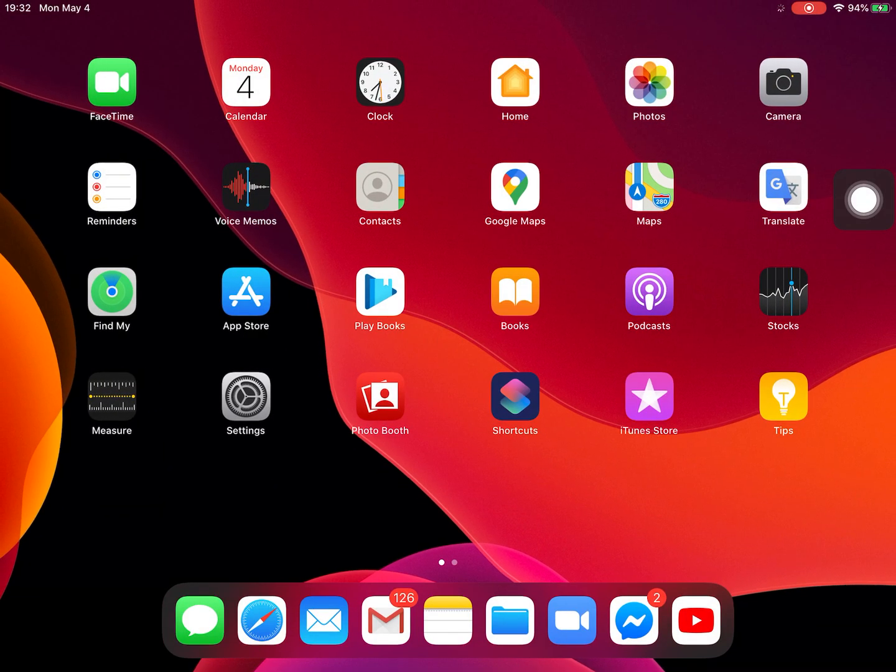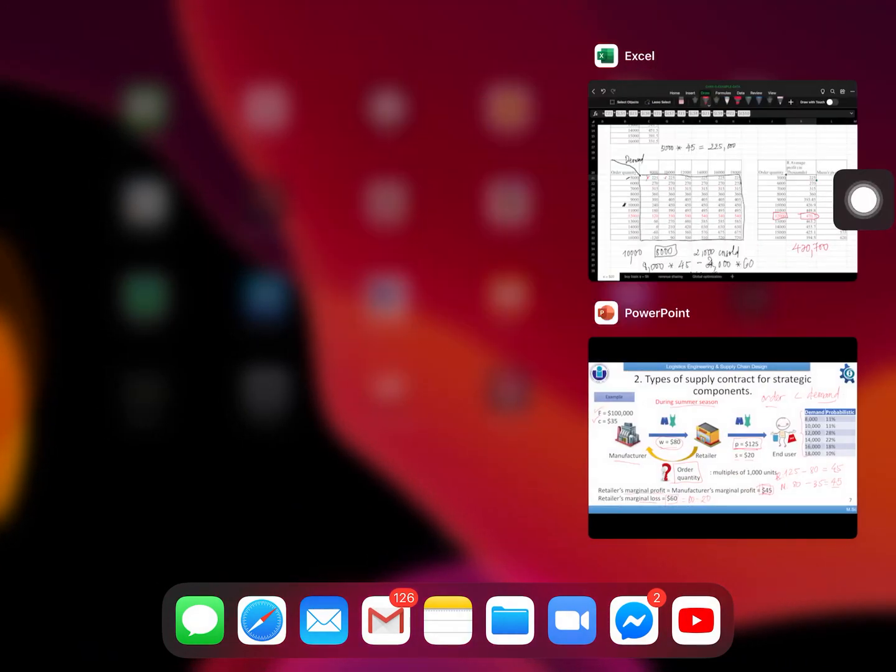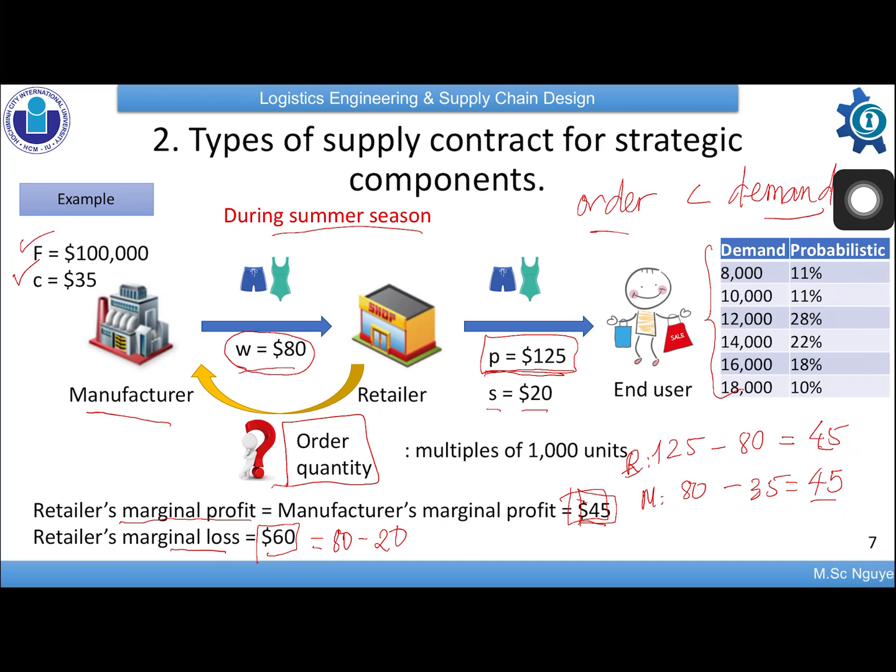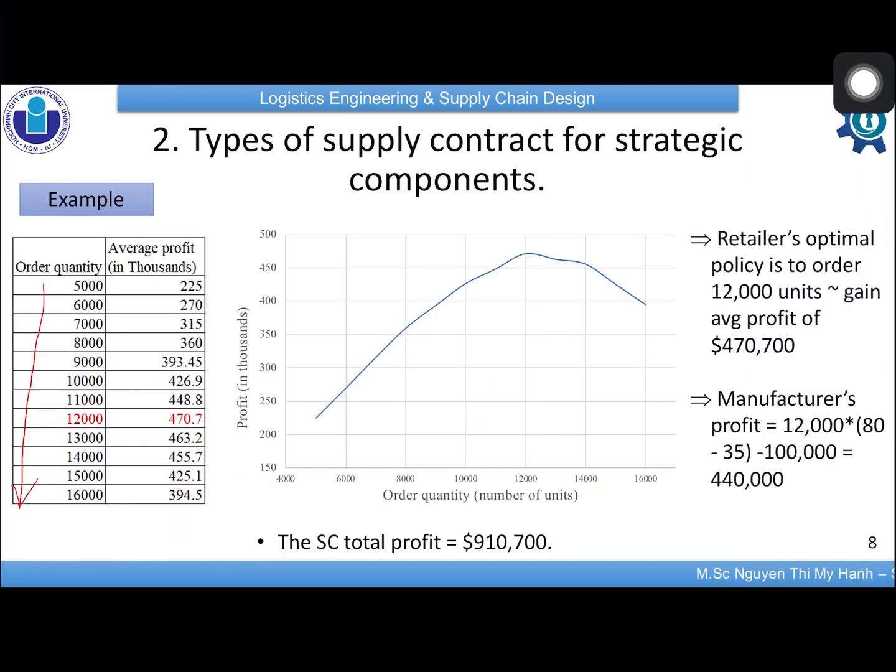Okay, so here the retailer optimal policy is to order 12, and look at this graph. This point will create the highest average profit.